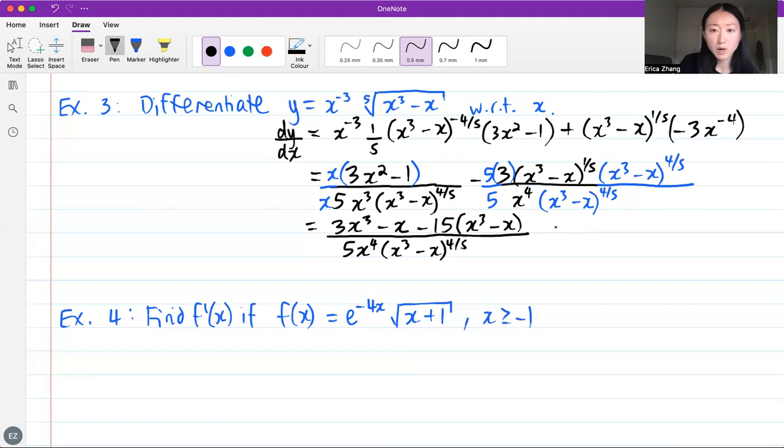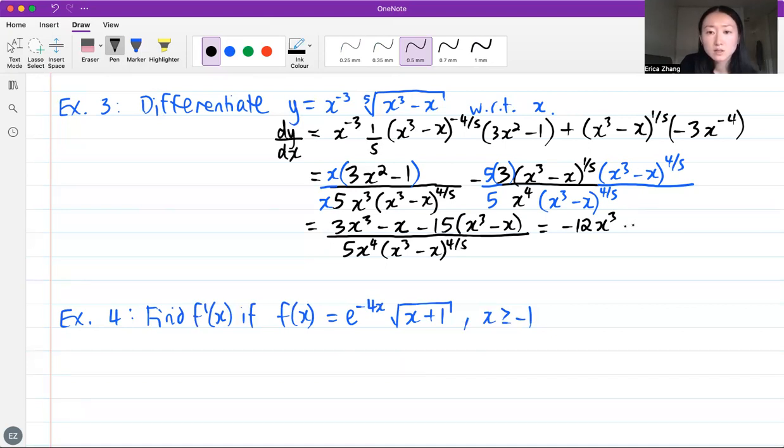We can combine like terms again, giving us, so 3x cubed minus 15x cubed, that should be -12x cubed. Okay, and then we have minus x, and once we expand the brackets on the right, plus 15x.